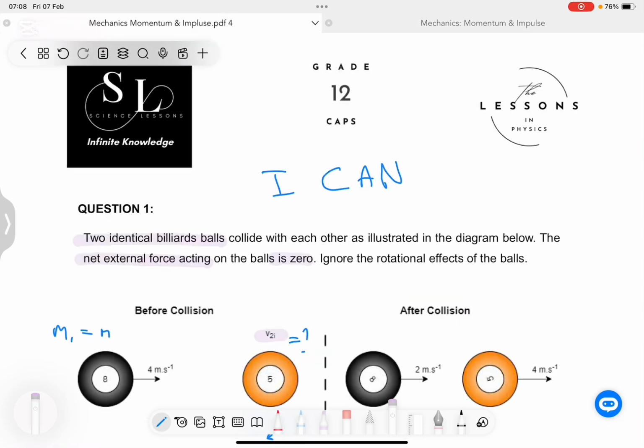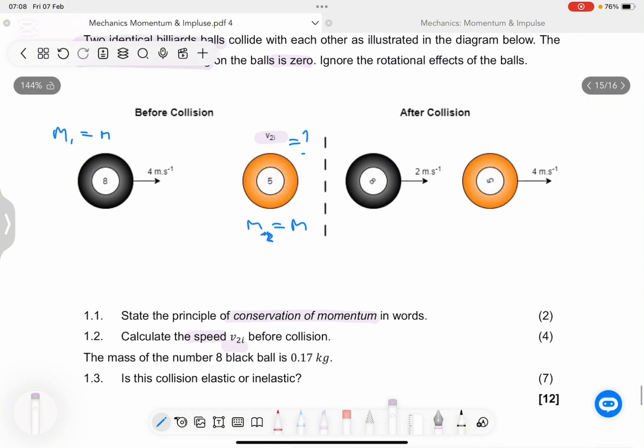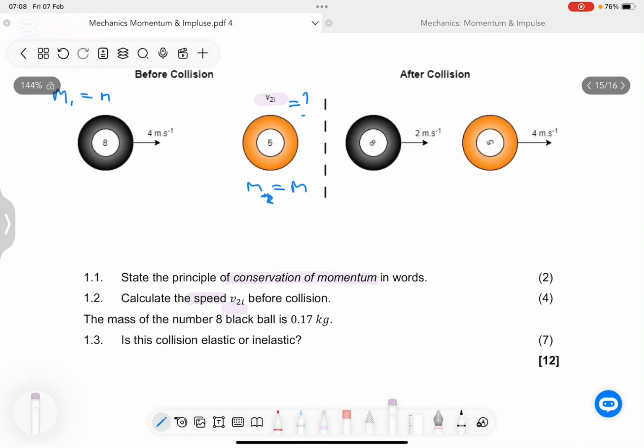Now we are going to circle back to A to answer the next part of the question. But this question actually gives us more information, because they then say that the mass of the number 8 black ball is given by 0.17.